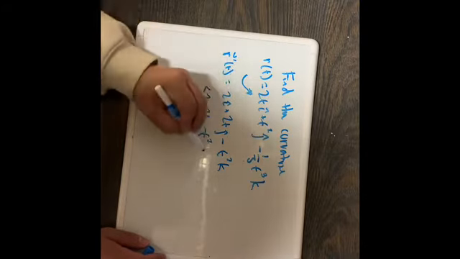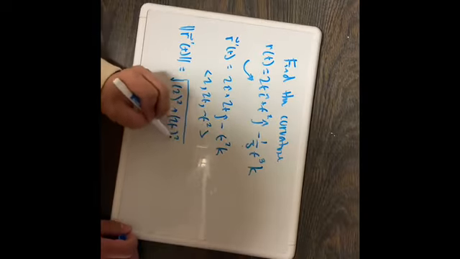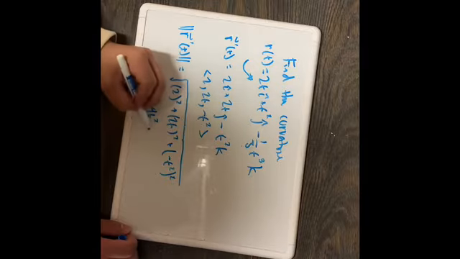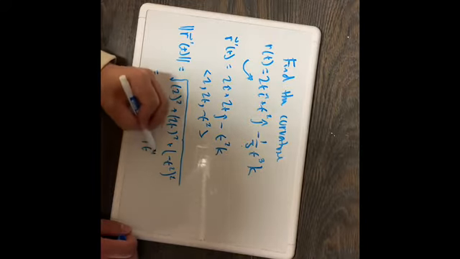And then we plug it into the norm, and we get the square root of everything: 4 plus 4t squared plus t to the fourth, all over the square root.